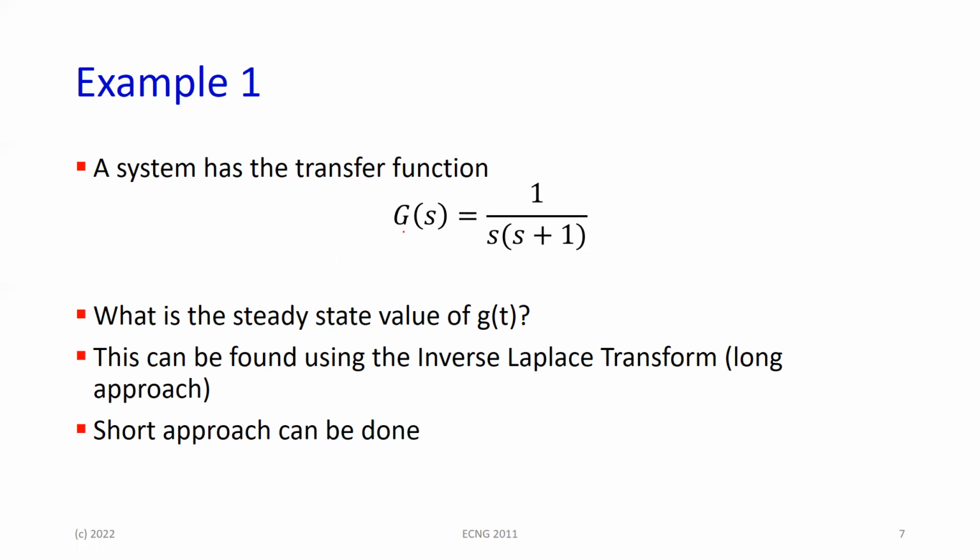G(s) is this. So the steady state value of this, that is as t goes to infinity or t gets very large, what does this system do? Well, of course, one way of doing it is to take the inverse Laplace transform of this.